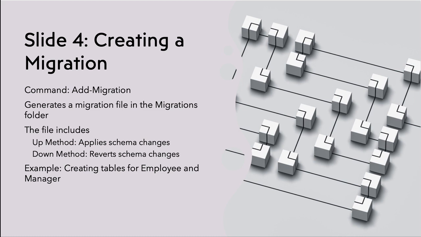When your setup is complete, the next step is to create a migration. We type the command called add migration, and then you create your migration name. This command creates the migration file, and the migration file will include an up method, which applies the schema changes, like creating a table, and a down method, which rolls back those changes if needed.